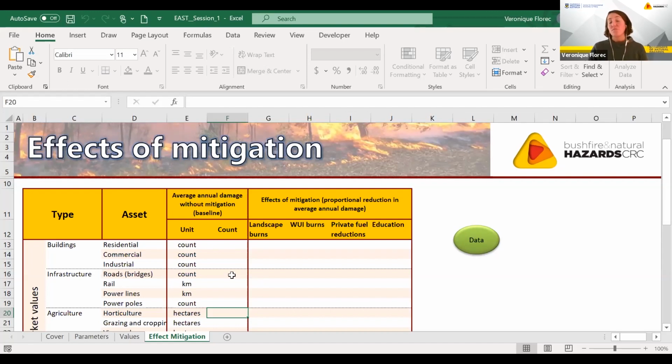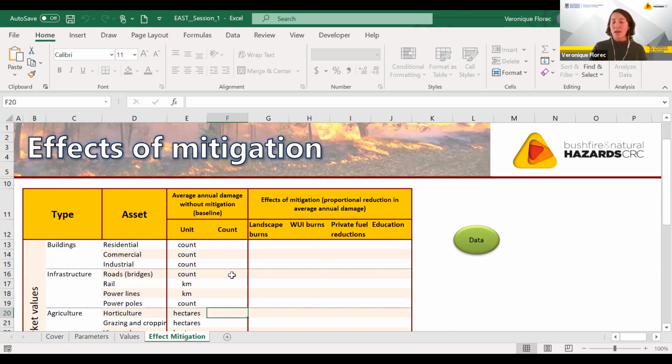That will result in a kind of double underestimation of the impacts on agriculture. So if your results are showing you that you will want to go for one mitigation option or another, you know that your estimates on the impacts of bushfires on agriculture will be definitely a lot lower than what they should be.